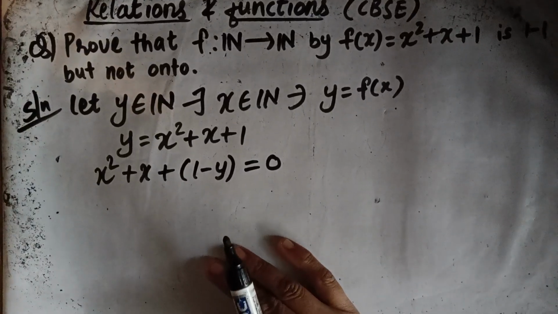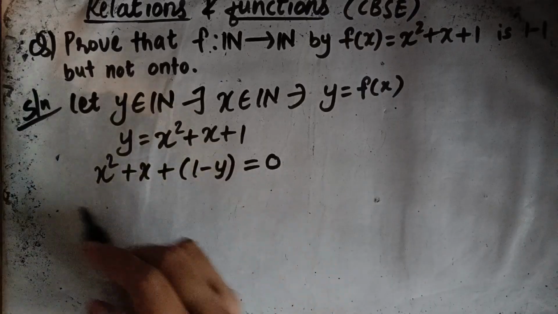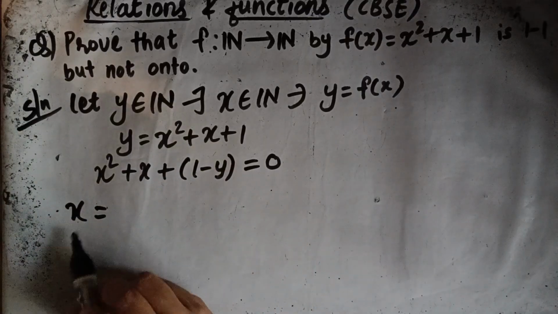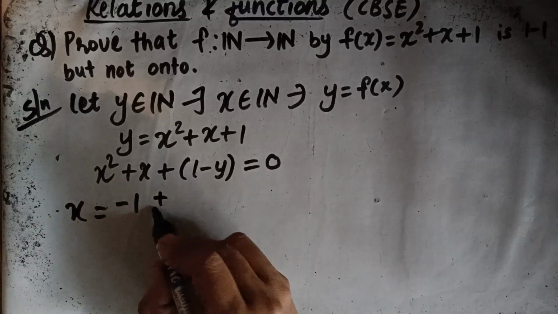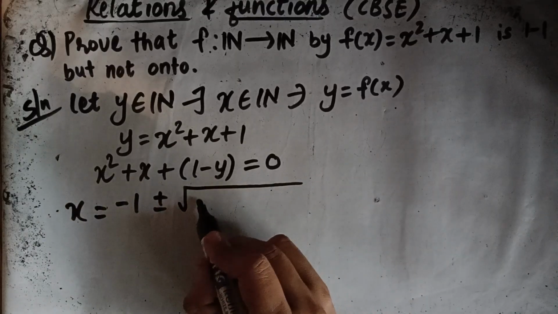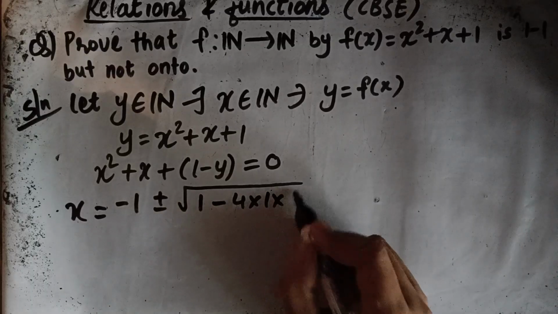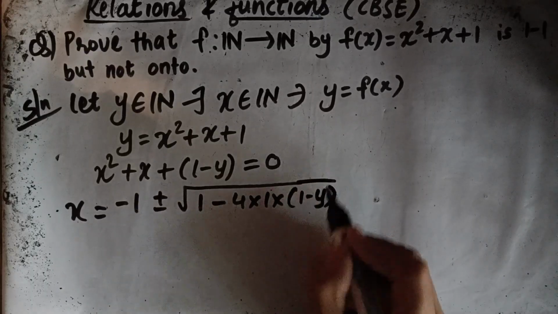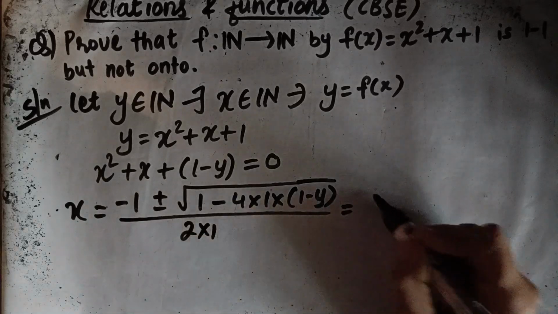Using the discriminant method, the quadratic formula method, you will get x equal to minus b, where b here is 1, plus or minus root of b square minus 4 into a into c, upon 2a.